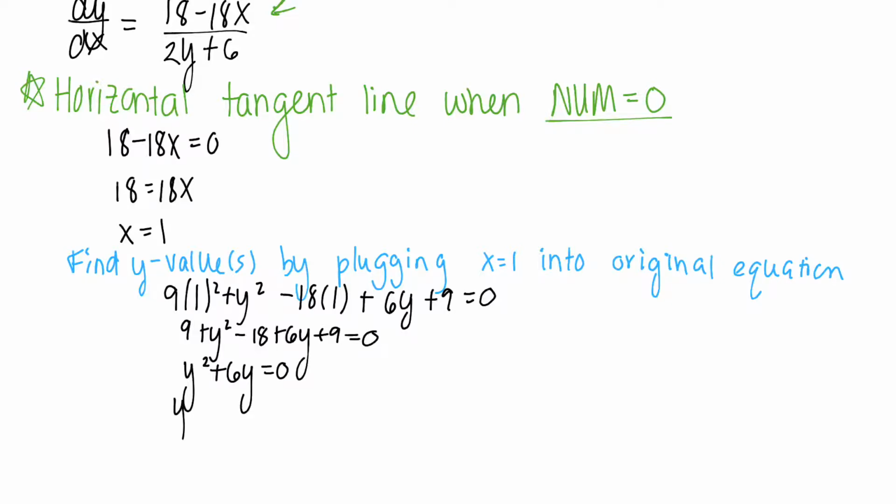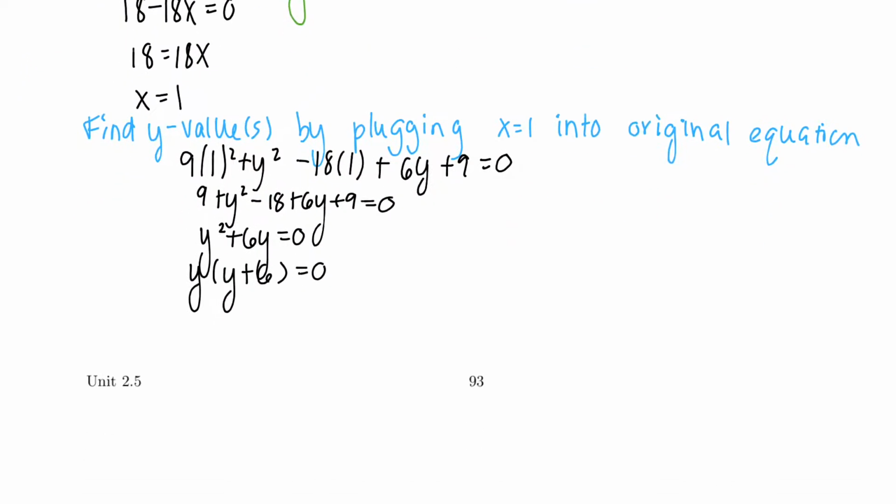To solve that, you are factoring, so y times y plus 6 equals 0. You get y equals 0 and y equals negative 6. That means that there's 2 different points where this happens. You have 2 different y values, so there are 2 different points.